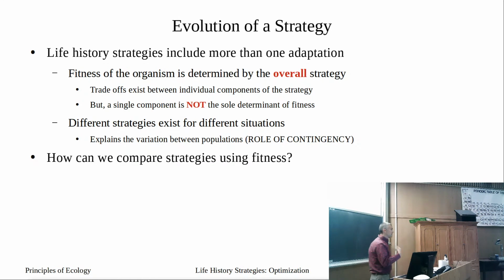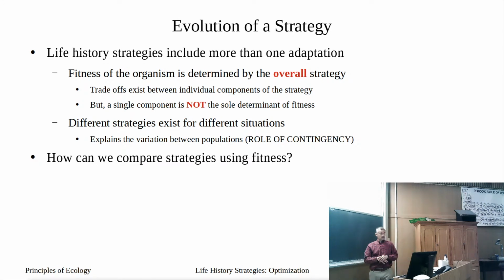Yes, a single component is going to influence our overall fitness, but selection's acting on the entire suite of traits. We've got trade-offs between all of them. So just because we increase one and decrease the other doesn't necessarily mean that we're going to cause a drastic change in our fitness.